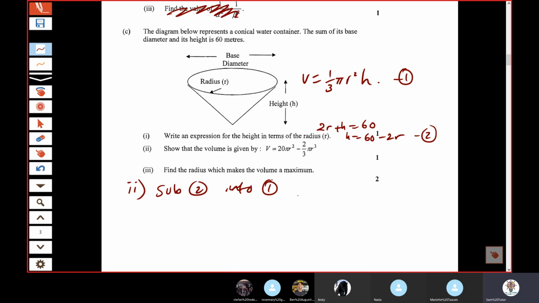That's square, that's 2. So then 3 and 3 cancel, so it becomes 2, and then that becomes 2. And this becomes 40 pi r, take away. Looks good.